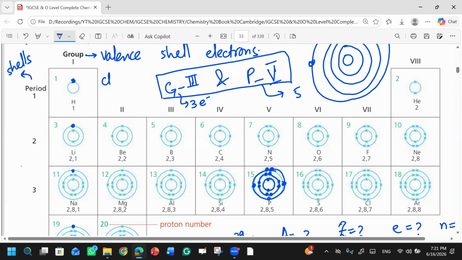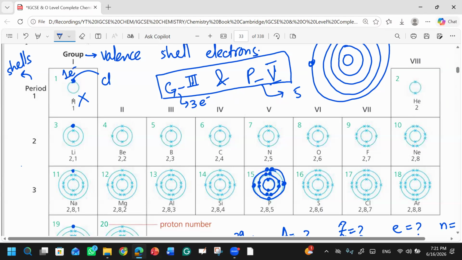Will it lose its electron or share it? It can't lose it, because otherwise, what will happen? There will be no hydrogen left. Its structure will be ended because there is just one electron in it.